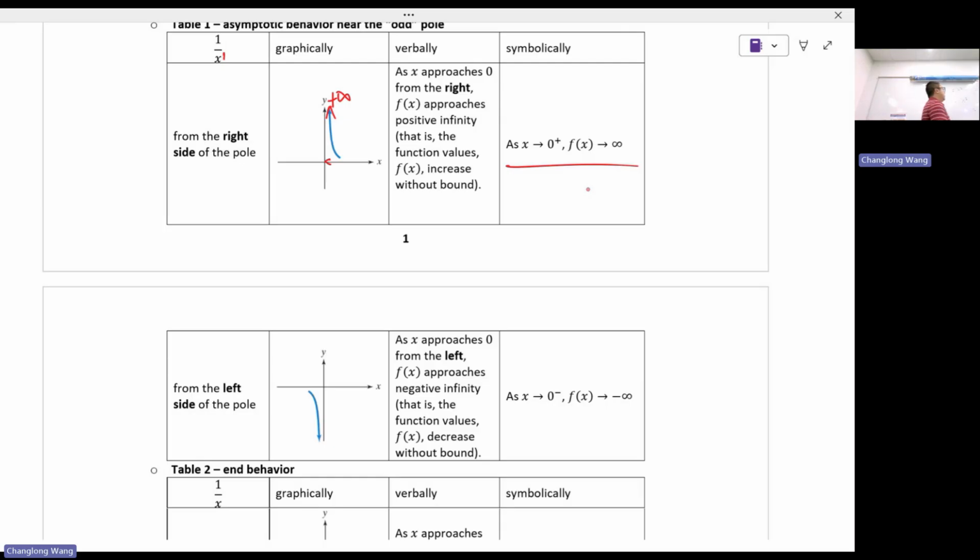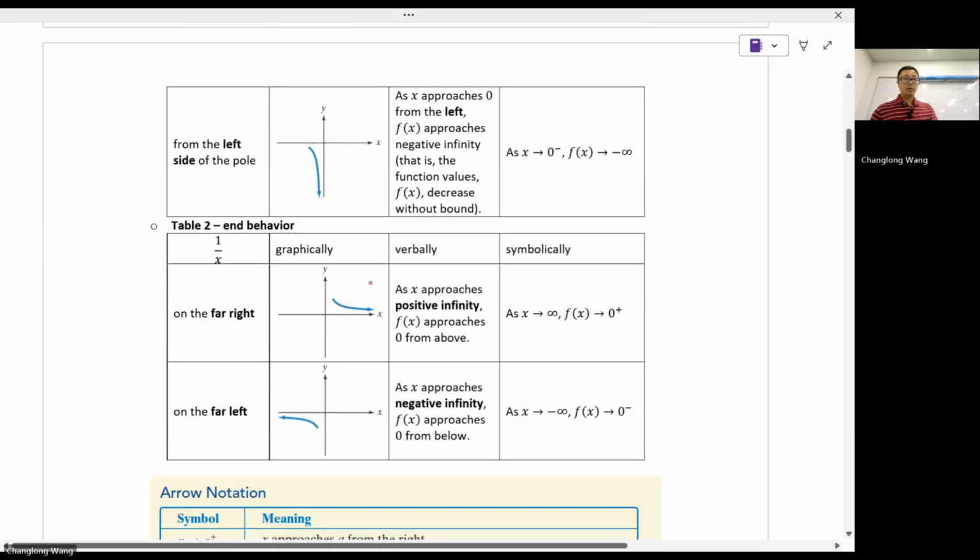Now, what about the end behavior? That means I'm looking at the graph of 1 over x or negative 1 over x on the far right or far left. As you can see, if you're going to the far right, x is approaching positive infinity.